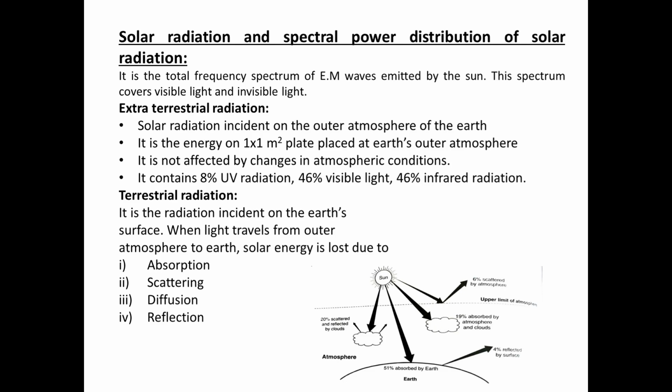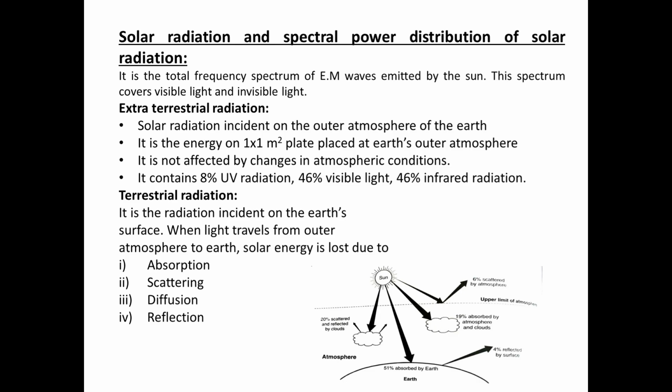And the second one is scattering. The atmosphere contains some particles. When the light rays collide with these particles present in the atmosphere, what will happen? The scattered radiation is redistributed in all directions. Whenever the sunlight collides with the particles of the atmosphere, the sunlight will be scattered in all directions. Due to this also, some solar energy will be lost.